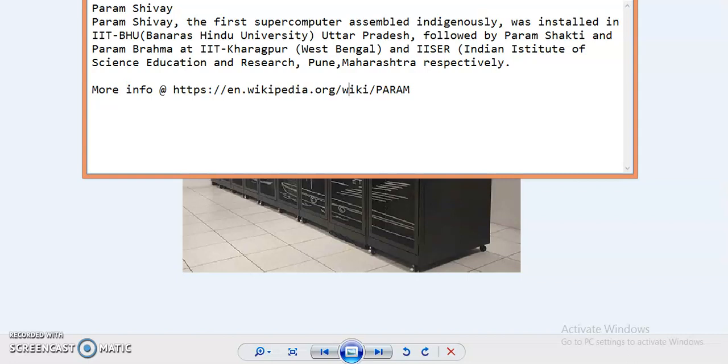BHU is Banaras Hindu University in Uttar Pradesh, followed by Param Shakti and Brahma at IIT Kharagpur, West Bengal, and IISER, the Indian Institute of Science Education and Research in Pune, Maharashtra. And if you want to study more about the Indian supercomputer, this is the site where you can go and study more about the Indian supercomputer named Param.